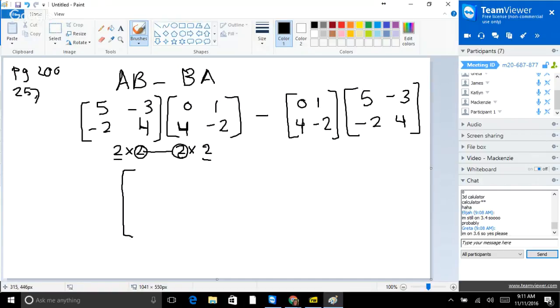Okay, so what are we going to end up with here? This is the position of the new matrix once we multiply: the first row and the first column. To figure this out, we multiply the first row times the first column, and it's called a dot product.